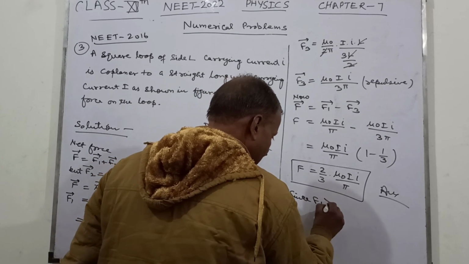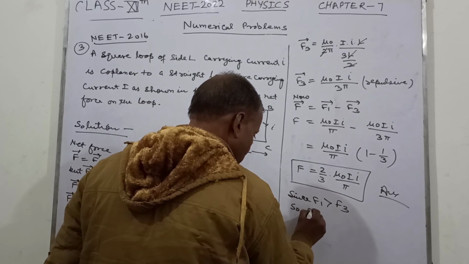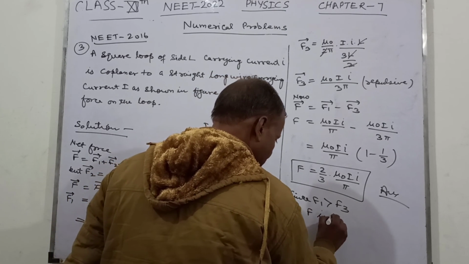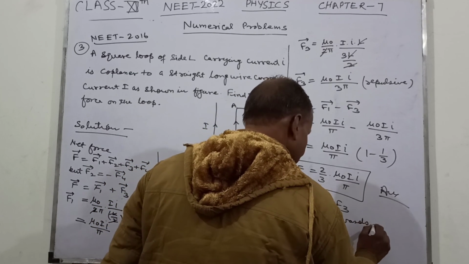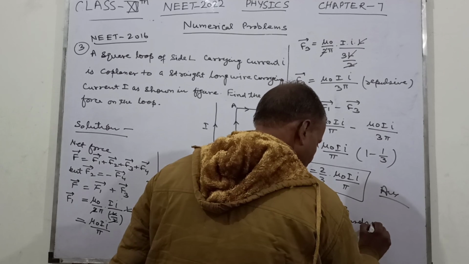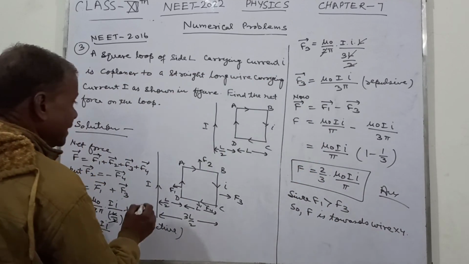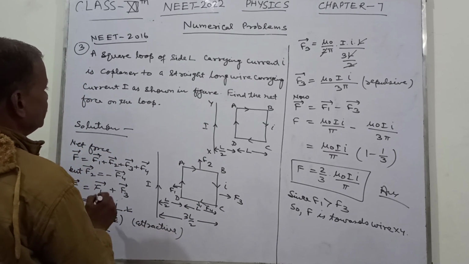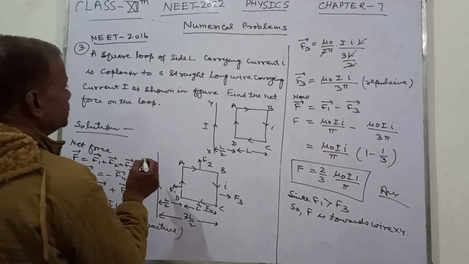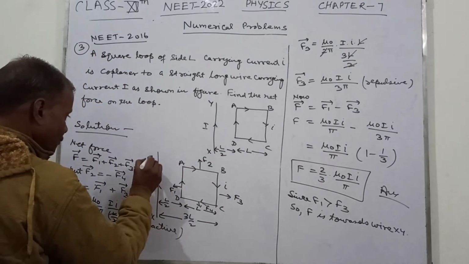Since F1 is greater than F3, F is towards this straight wire.